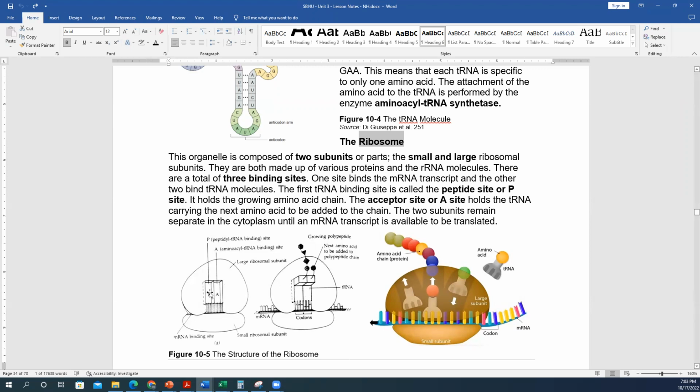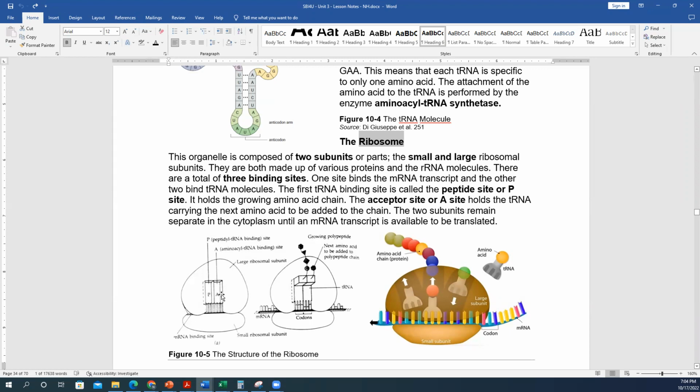So the first one of these sites, the P site, is the site that holds the growing amino acid chain, or the peptidyl tRNA binding site. And peptidyl, like peptide, polypeptide, you can think of it that way. The P is where the polypeptide is growing, and you can see it here, it's growing with more amino acids being added on.